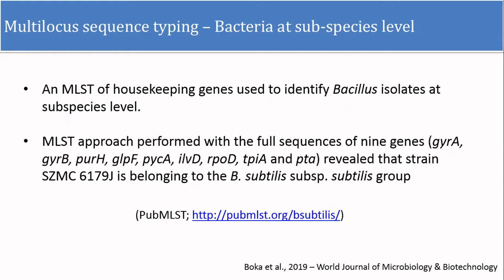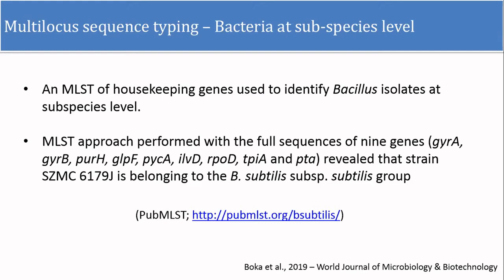And as I told you, there are still some concerns with the use of these 16S rRNA primers to identify the organism at subspecies level. So in that case, as I told you before, we could use multi-locus sequence typing, and this will enable us to identify the microorganisms at subspecies level. In case of Bacillus, there is Bacillus subtilis, and after that there are so many subspecies, grouped based on strain distinction and unique properties.